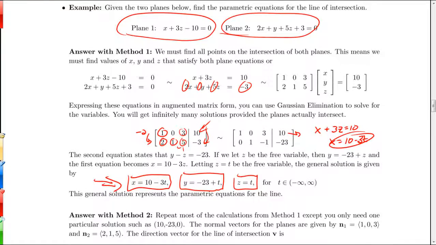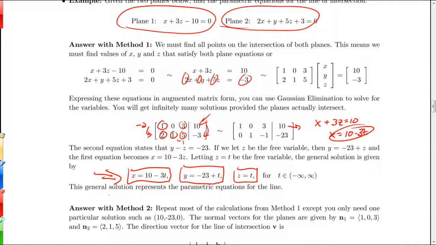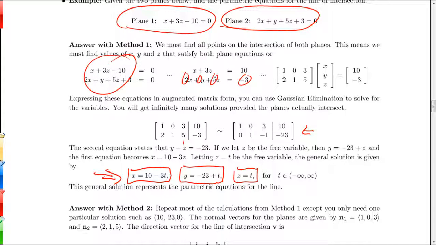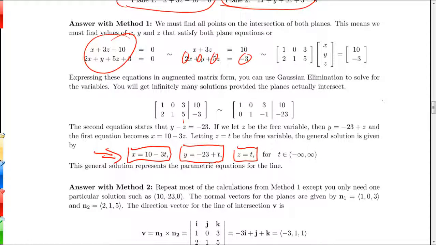The other way is to actually just find any solution, find some point of intersection between these two planes. And you can do it through the full Gaussian elimination process. You might be able to set one of these variables to 0. But you just need one solution. You don't need the infinitely many. And so an easy one to find, now that we've already done method 1, is to let t equal 0 in these equations.